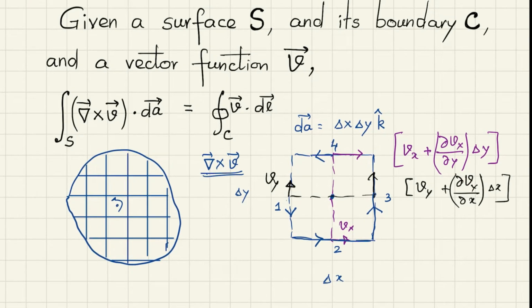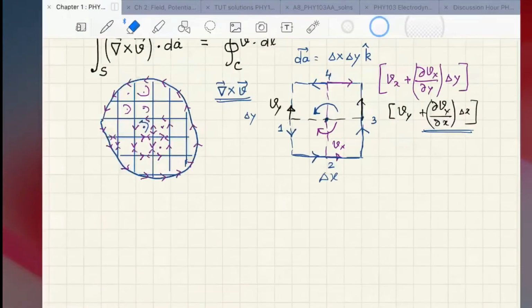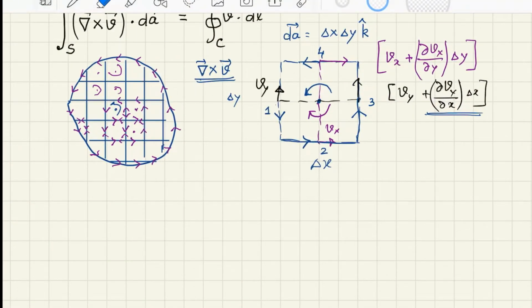So what will it be between, let's say, paths 1 and 3? Quite clearly, by taking the circulation around this path, what we have obtained is what is turning right and what is opposing it.